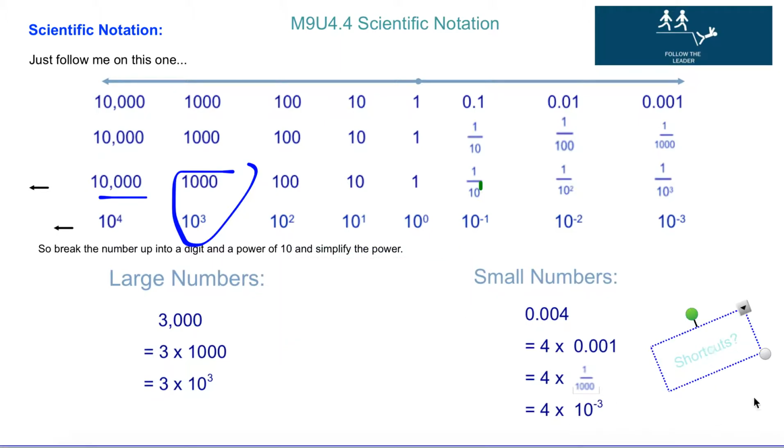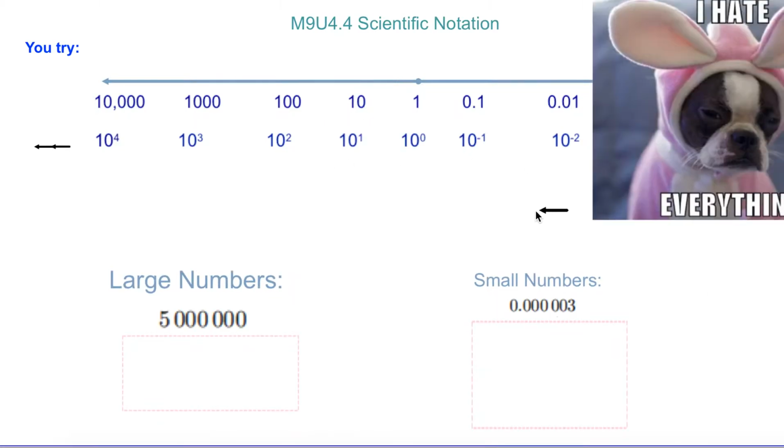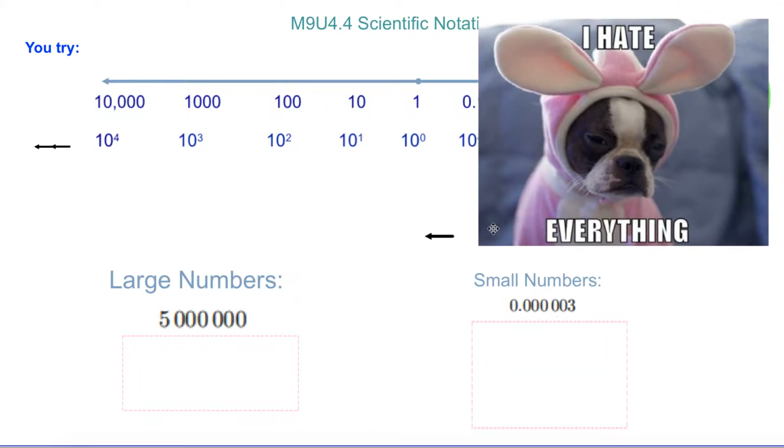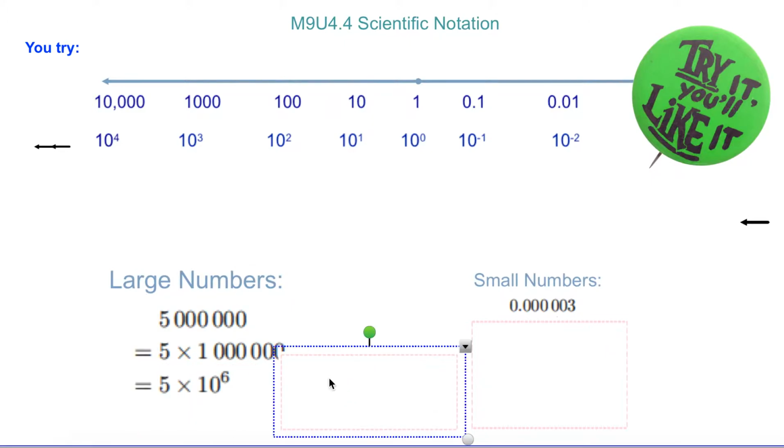Cool. So you found some shortcuts yesterday, and the shortcut was this, right? Some of you found this switch where, instead of writing this out and saying 5 times a million, you said this is 5 times 10 to the 6.